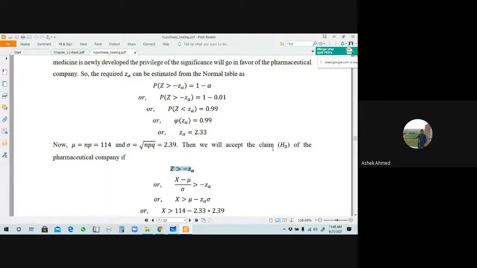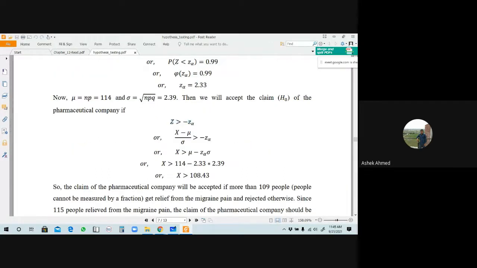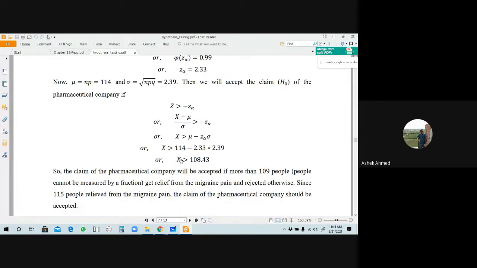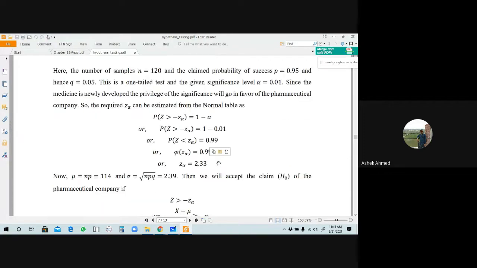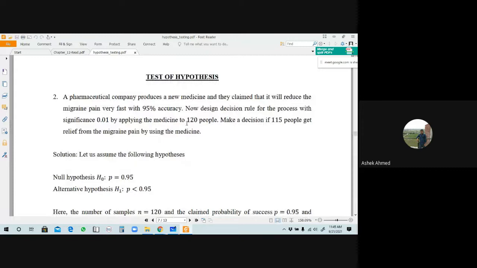Then it will be accepted. In that case, the value of z is x minus mu by sigma; substitute the values and you will get x greater than 108.43. Here x represents the number of people.